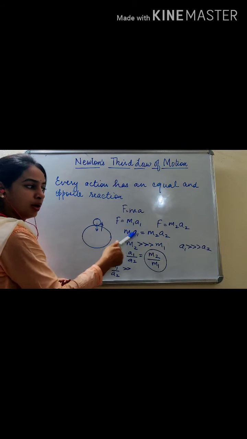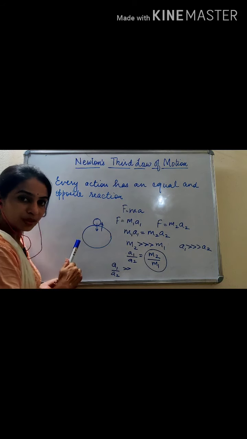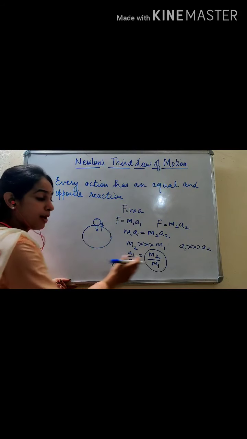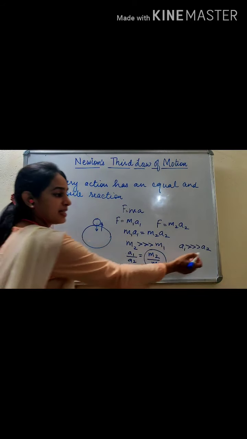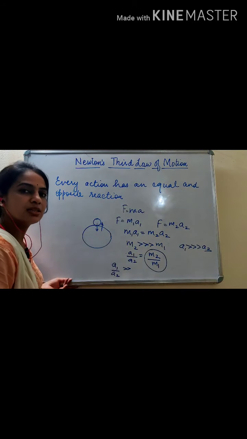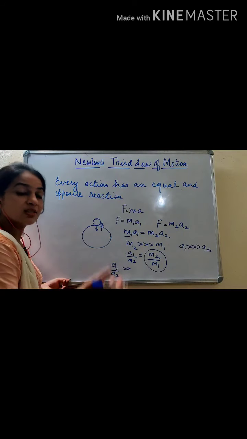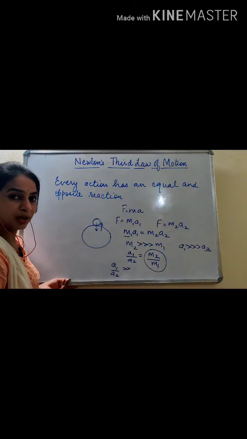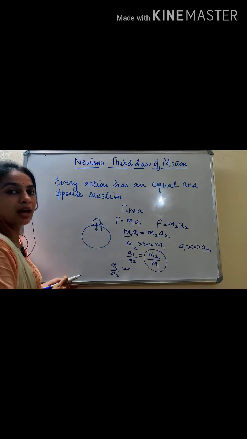Acceleration of the ball. What is a2? Acceleration of the earth. Okay. So since mass of the earth is very large, its acceleration is very small. And since mass of the ball is very less as compared to that of the earth, the acceleration of the ball is very high.